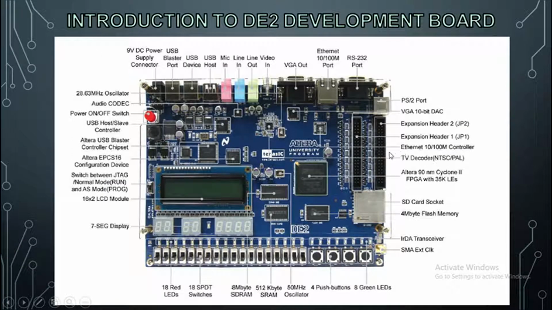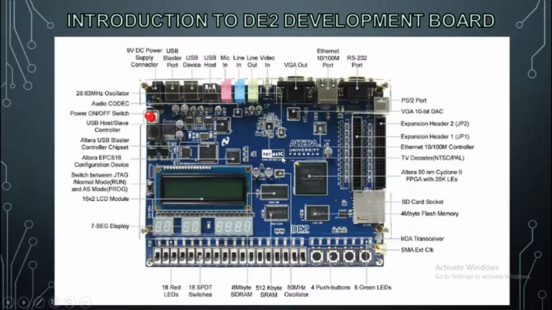This is the development board that we are going to use throughout the course. As you can see here, this is the main IC, the main FPGA, which is a Cyclone II Altera, and it consists of 35K logic elements, which are also called CLBs.